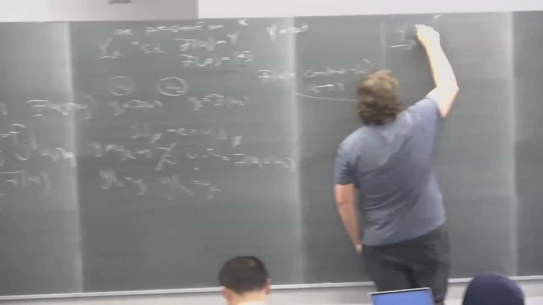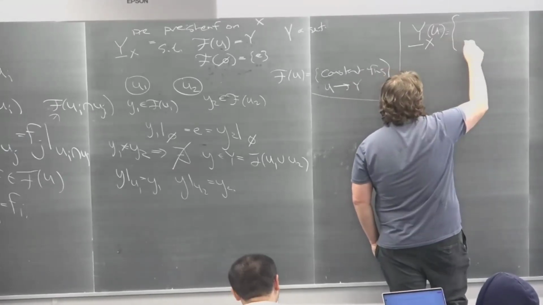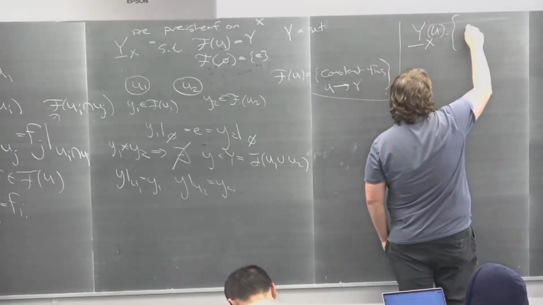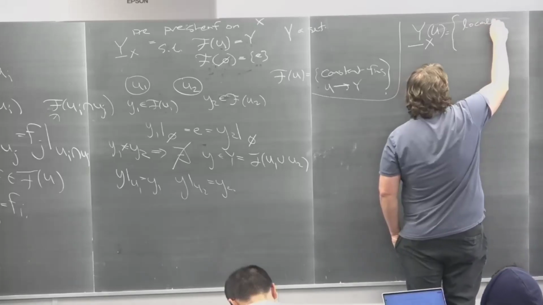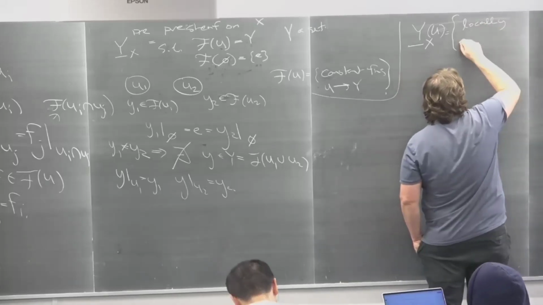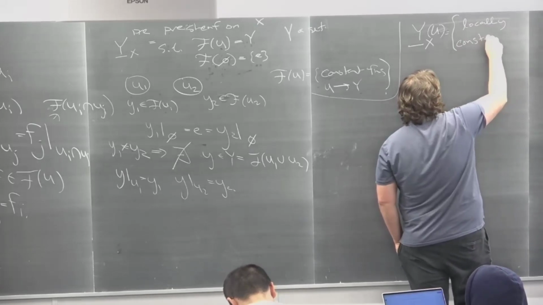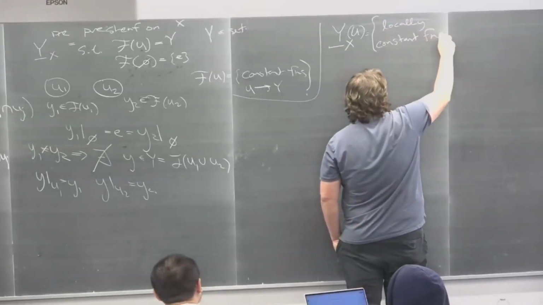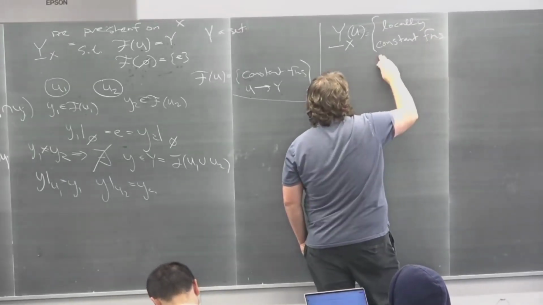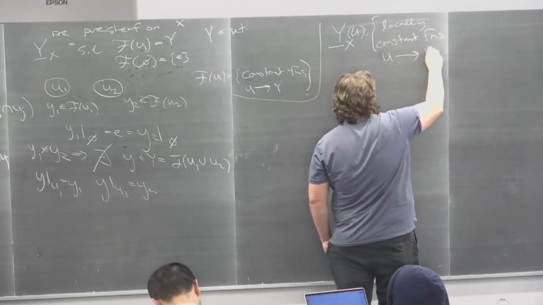So I have to tell you what this assigns to an open subset. I want to take locally constant functions from U to Y.